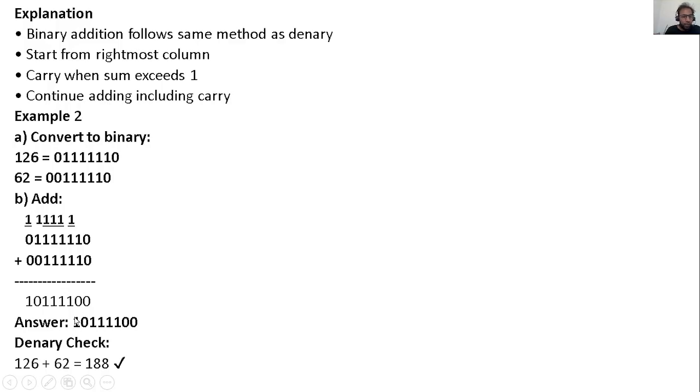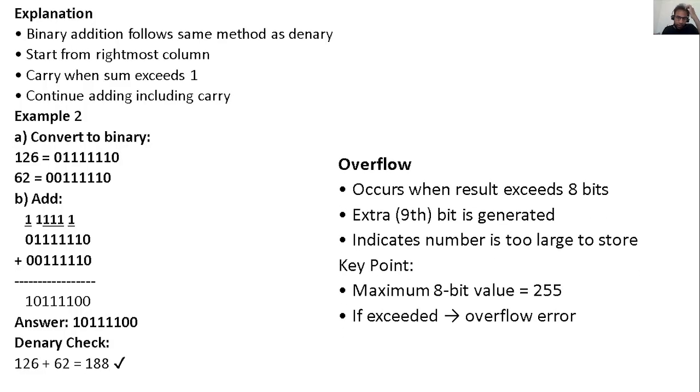This is 128 and this is 32. 128 plus 32 is 160. 160 plus 16 is 176. 176 plus 8 is 184, plus 4 is 188. So this solution is correct.